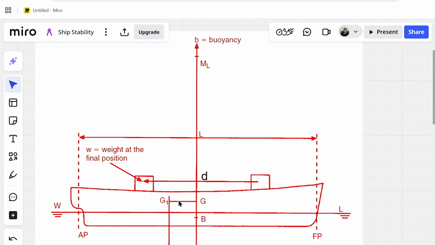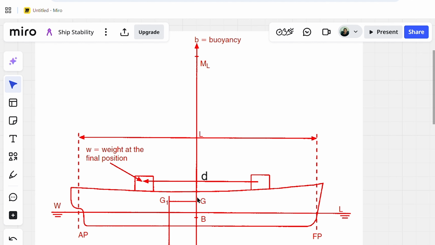G has shifted to new position G1 and ship's weight is acting downward from G1 now, and center of buoyancy is still there, buoyancy force acting upward. They are separated by the lever GG1.